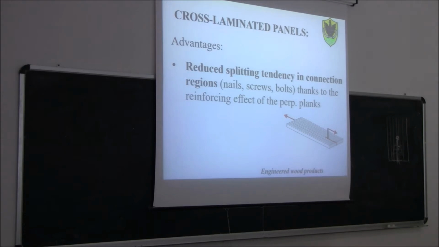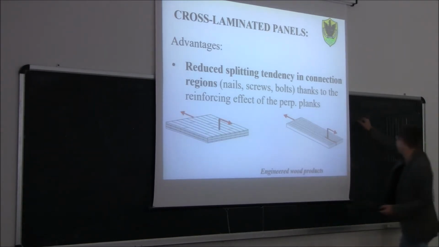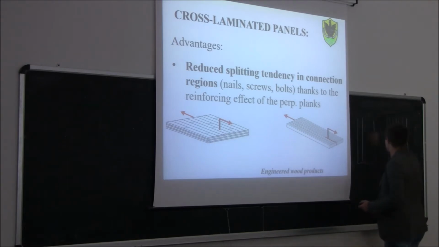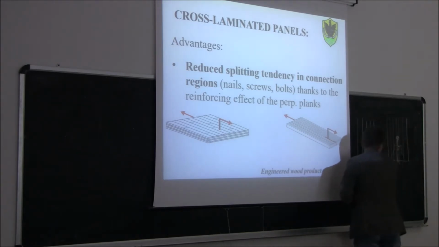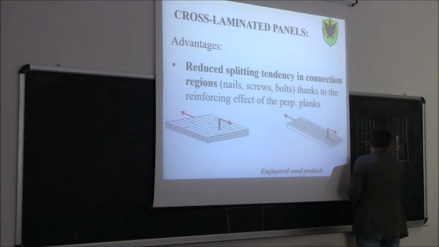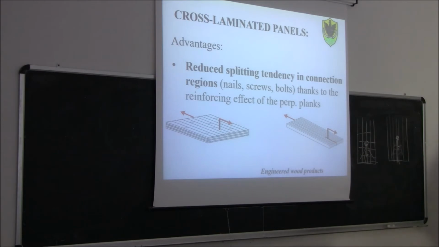Instead, if we have a cross-lam panel, of course, in a cross-lam panel we have some boards in this direction, which may split, but immediately underneath we have some boards in the perpendicular direction. So if we do a hole here, these secondary stresses are acting perpendicular to the grain on the first layer, but parallel to the grain on the second layer.